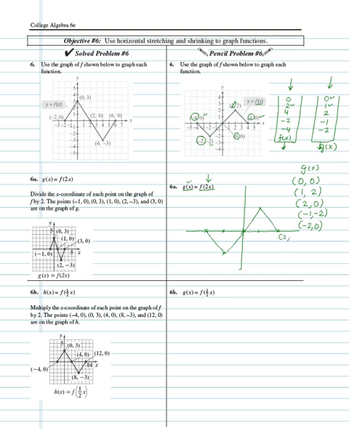This is 2, 0. This is 1, 2. No, this is -1 and -2, and this is -2 and 0. So technically the outputs are the same, the y values are the same, but only the inputs are different.